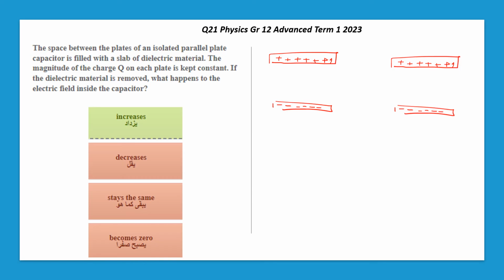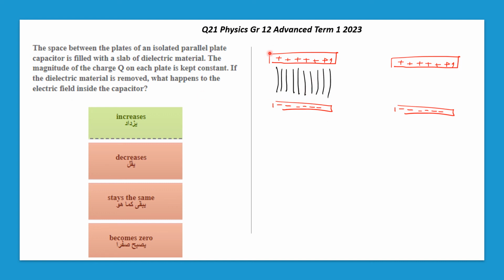Here we are with question 21. The space between the plates of an isolated parallel plate capacitor is filled with a dielectric material. The magnitude of the charge on each plate is constant. If we remove the dielectric, what will happen to the electric field inside the capacitor?